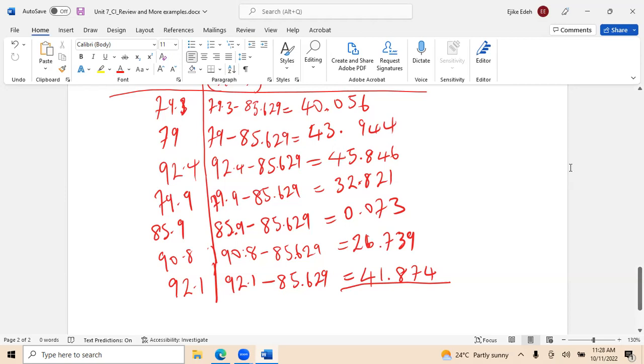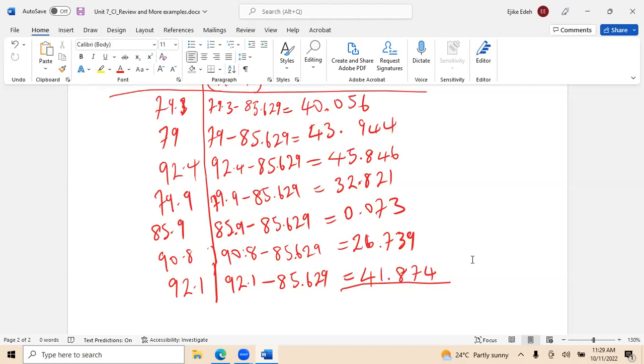I got 200 or something. I did it backwards, the last one first, plus 26.739. Did you add 41.874? Yeah. Okay, so you added upward.